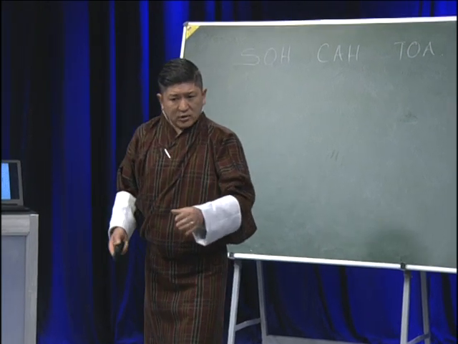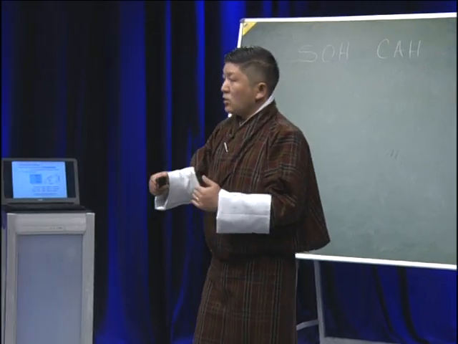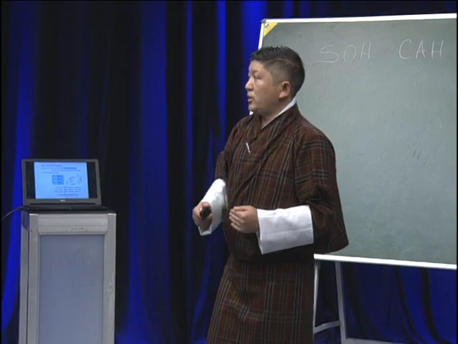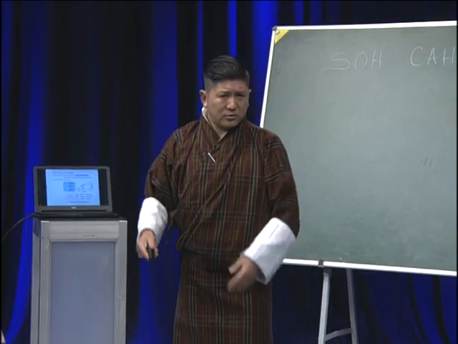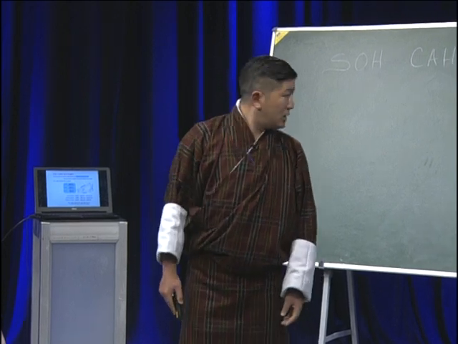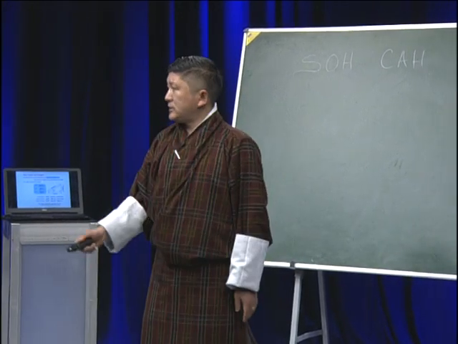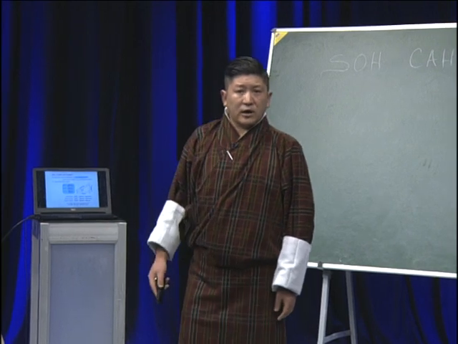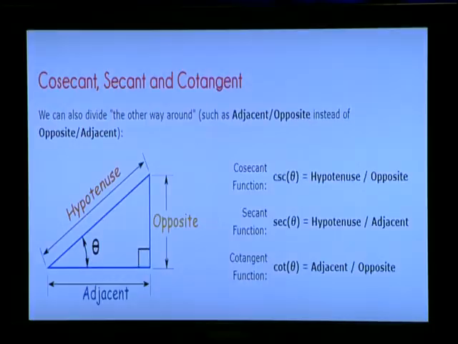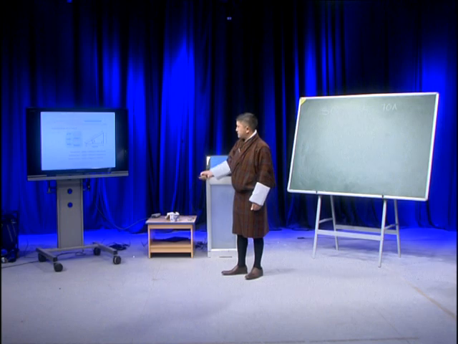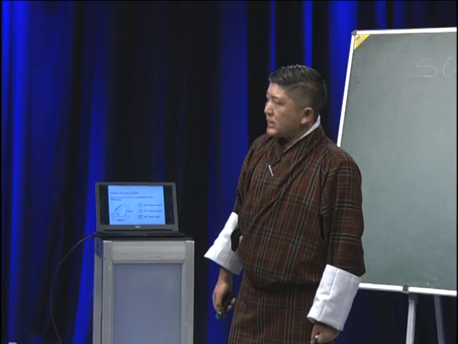For a 60-degree angle, the ratio of the sine of that 60-degree angle will always be the same when we compare different types of triangles. I mean to say that the ratio of the sine of an angle will always be the same.